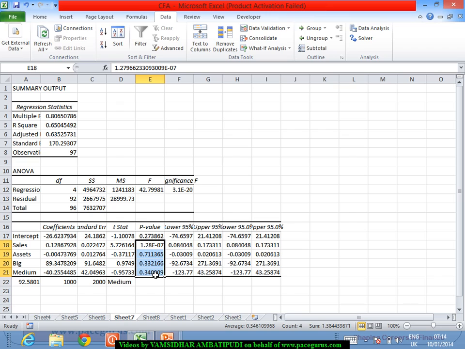There is a possibility that the independent variables are very heavily interdependent. That's the reason no variable is contributing significantly to the dependent variable, but as a combination they are contributing significantly to the dependent variable.